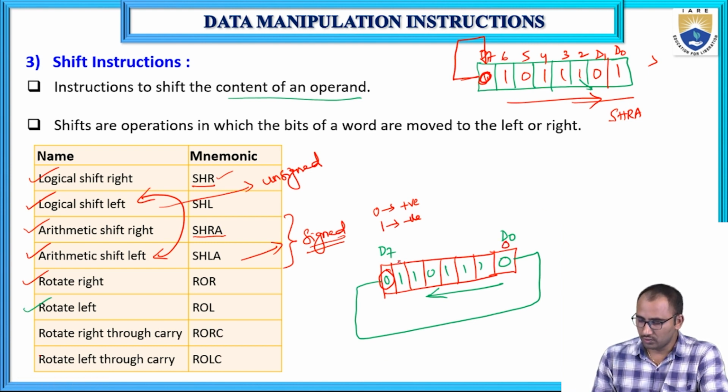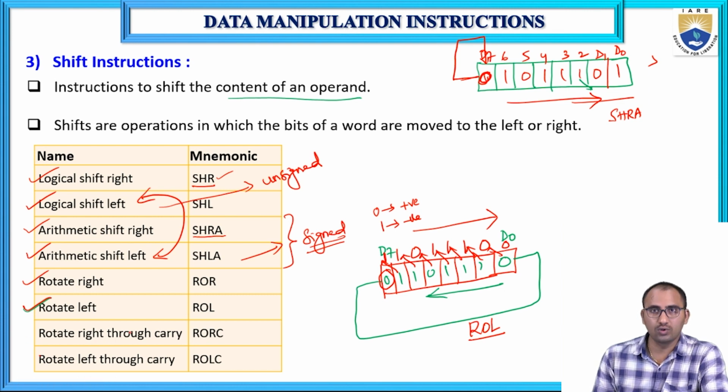Next, the D6 position data will come to the D7 position, and so on. In this way, the data will be rotated to the left. This is rotate left, represented with ROL. For rotate right, the data will be moving in this direction.